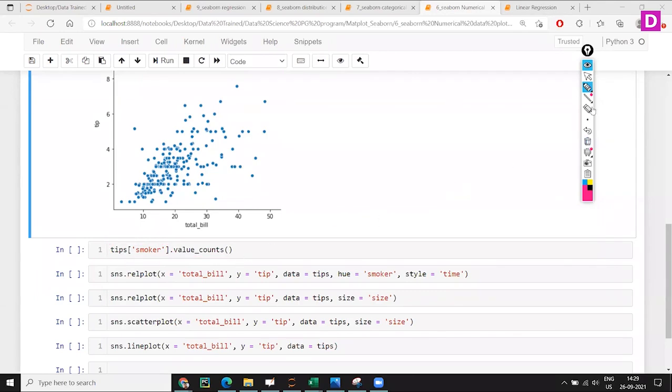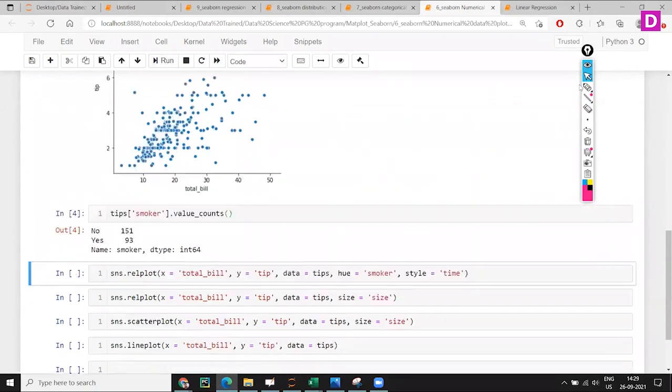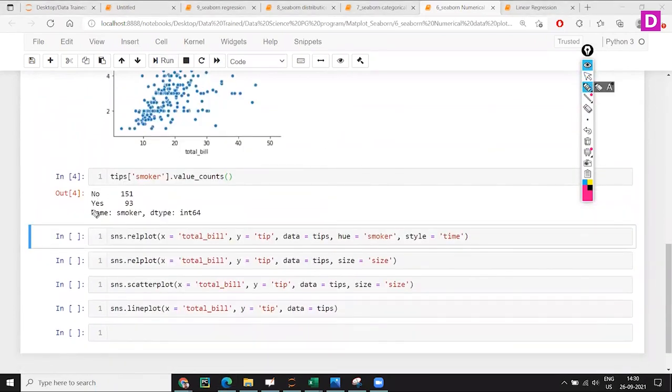It is going to give me the count of smokers and non-smokers, right? Whenever you want to find any particular category count, you can use value_counts. No is one category, yes is one category. You will be able to find the total number in each particular category.